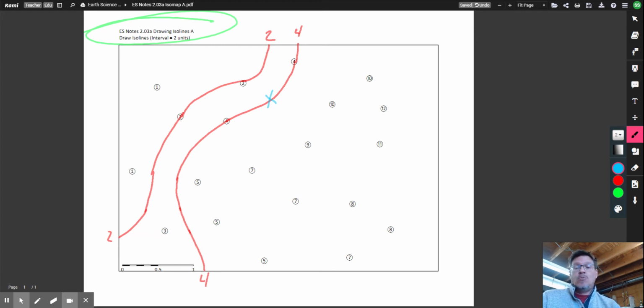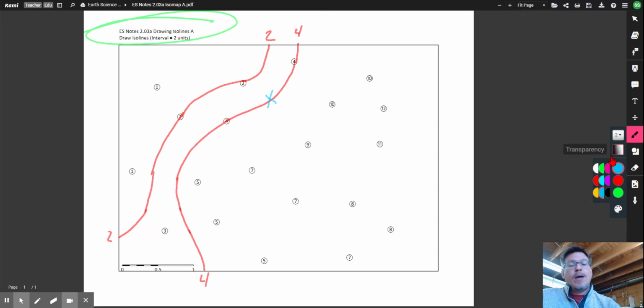By drawing the line, we are telling the audience, the readers, that any point on that line is going to be equal to a 4. Now that's an inference, not an observation, because it's an educated guess based on those observations and the patterns that exist. But we are making the decision that that point is going to be a 4, and we drew the 4 line there.